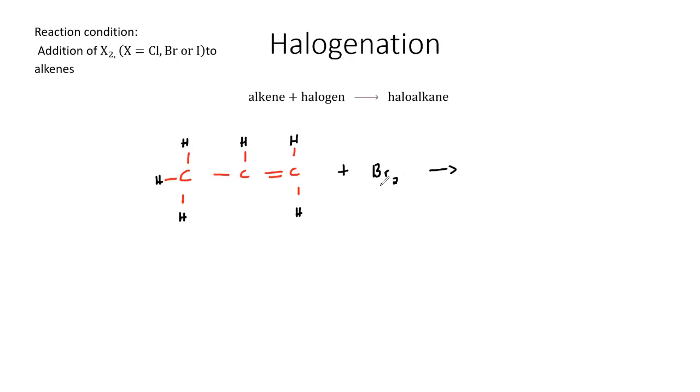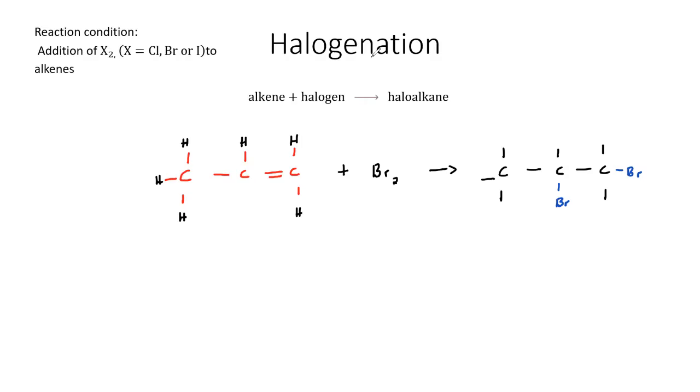Because addition happens, the double bond is broken. And what happens when the double bond is broken? You're going to add the bromine, Br. There are 2 Brs in this case. So I can add a Br there. There's my Br there. I can also add another Br there. So I've added 2 of those Brs.